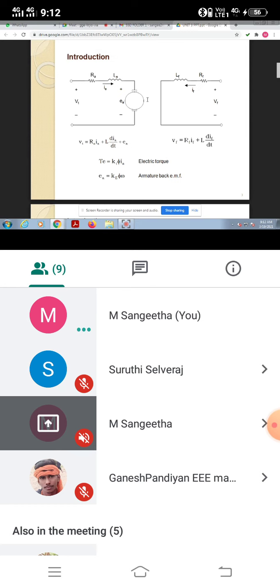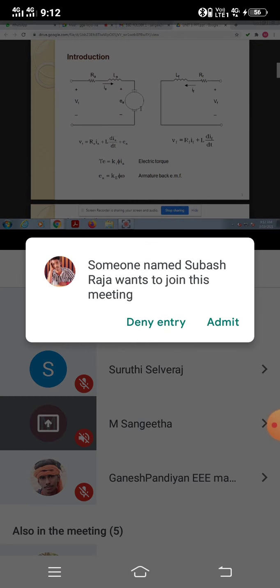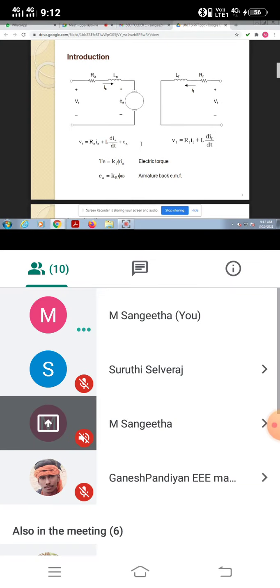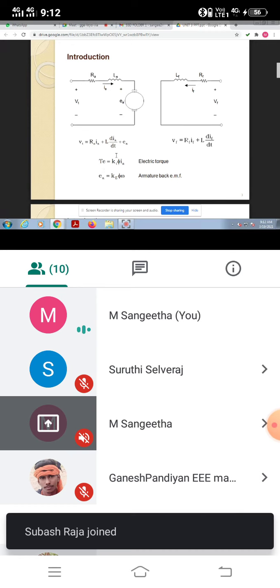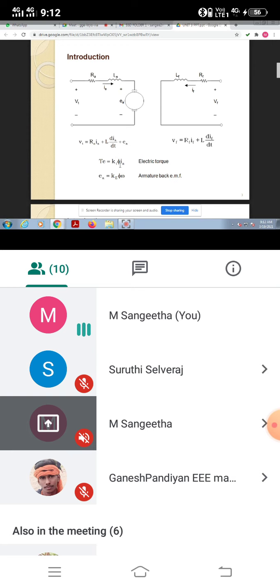Next, the output of the motor is mechanical. So we make a mechanical equation: T equals Kt, the motor constant, times flux, the flux created by the motor, times armature current. This is the electrical torque equation. According to the running condition, back EMF is produced.